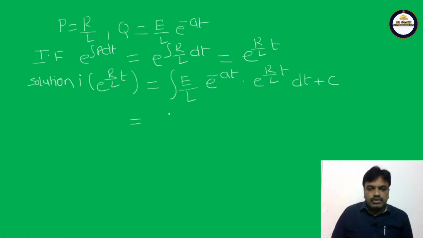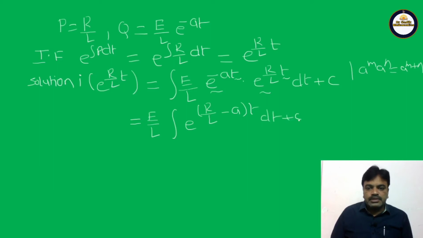E by L is constant, so write it outside the integral. This is like a power m into a power n, so a power m plus n. The bases are the same, so add the exponents, taking t common, we get R by L minus a into t, dt plus c, equal to E by L. What is the integral of e power ax, friends?